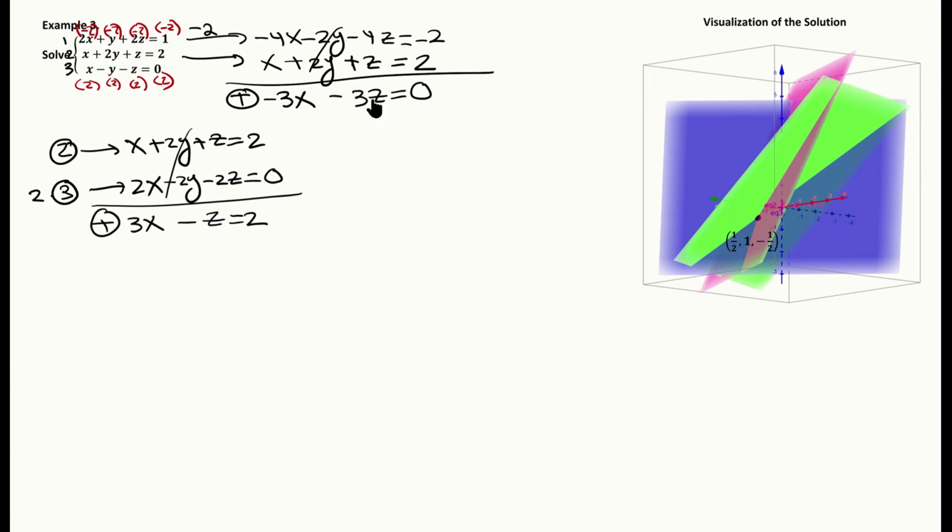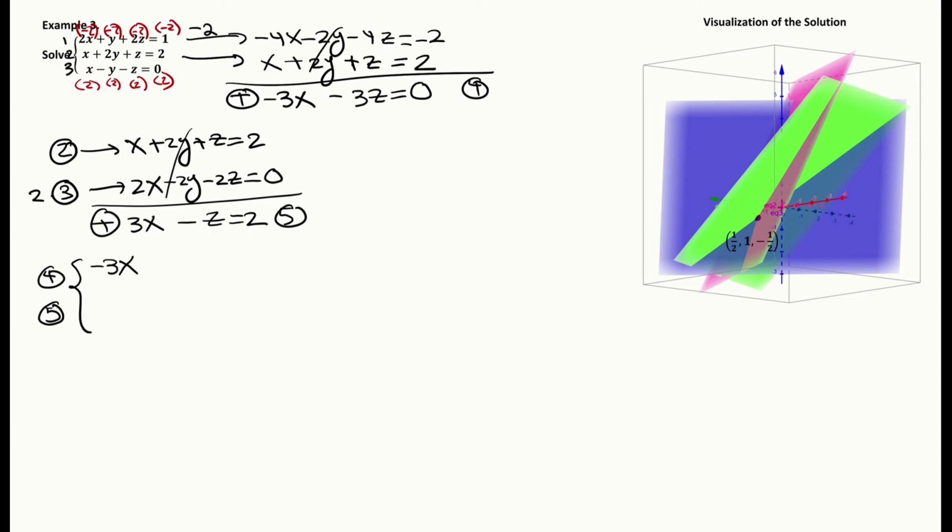So let's call the first new equation that we obtained number 4, and this one number 5. So we're going to bring number 4 and number 5 here and make a new system of two linear equations in two unknowns.